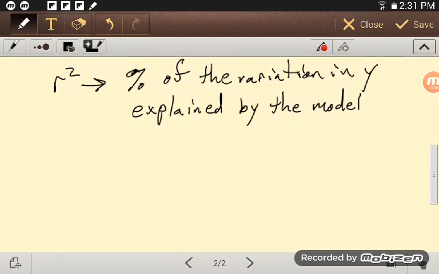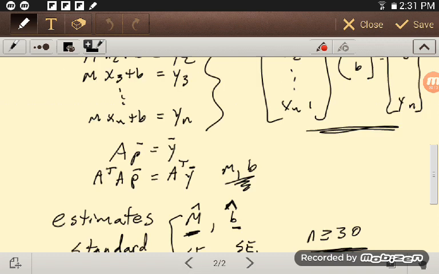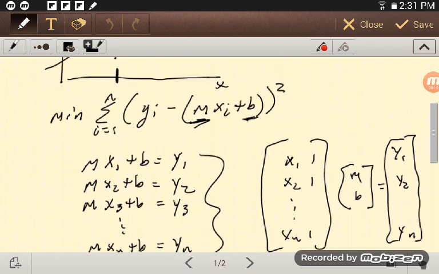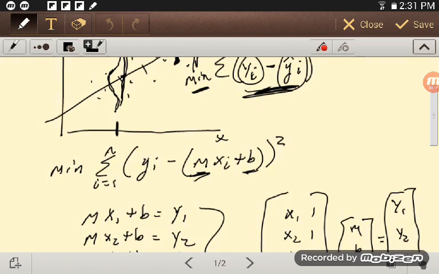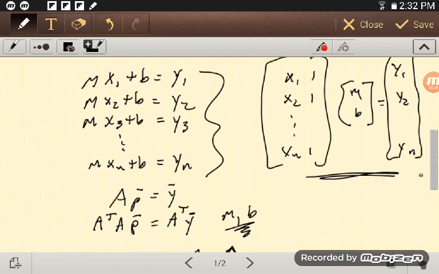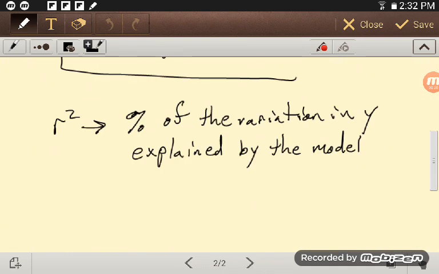Actually, you can do a pretty good job of eyeballing the least squares line if you get x bar and y bar, because you can reduce this calculus problem or linear algebra problem to a problem of one variable, m.